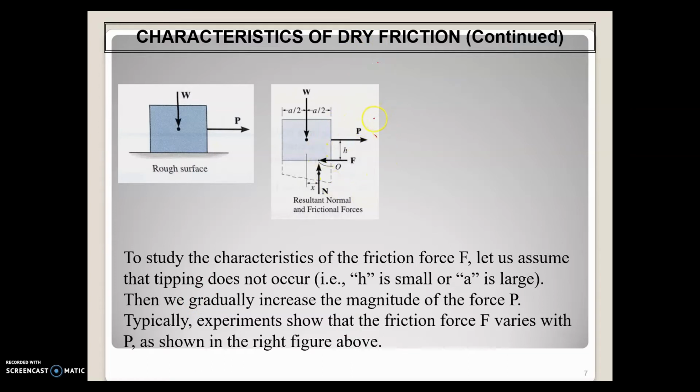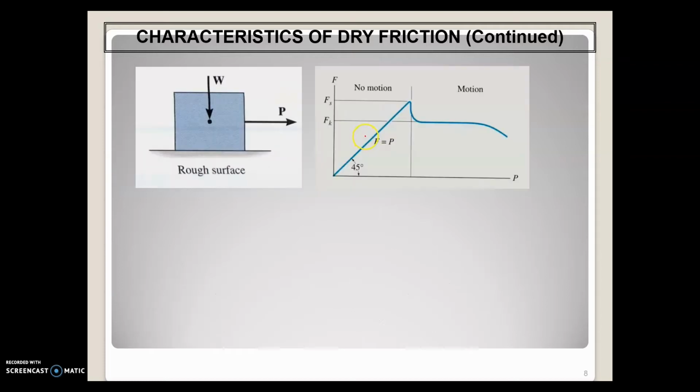Eksperimen tunjuk frictional force F ni vary dengan P. Ni adalah figure untuk friction punya graph di mana menunjukkan F equal to P di sini.